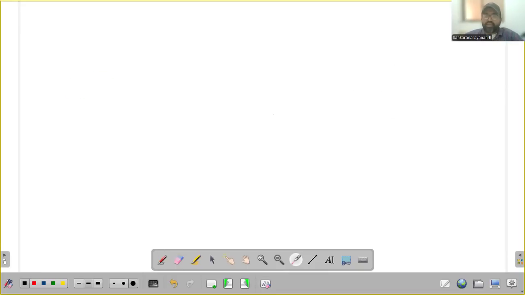And there is an empirical formula that connects the mean, median, and mod, which you must remember. Take it down. Mod will be equal to 3 times median minus 2 times mean.